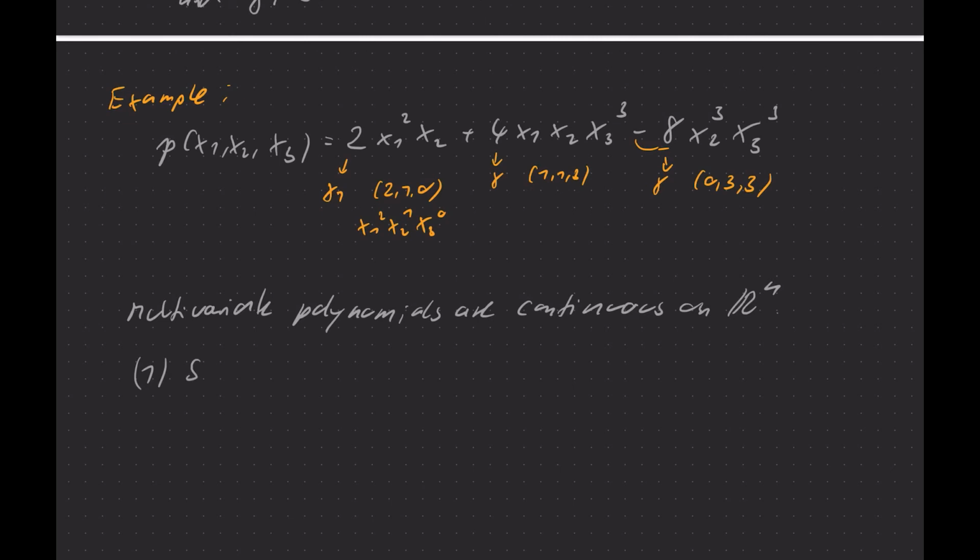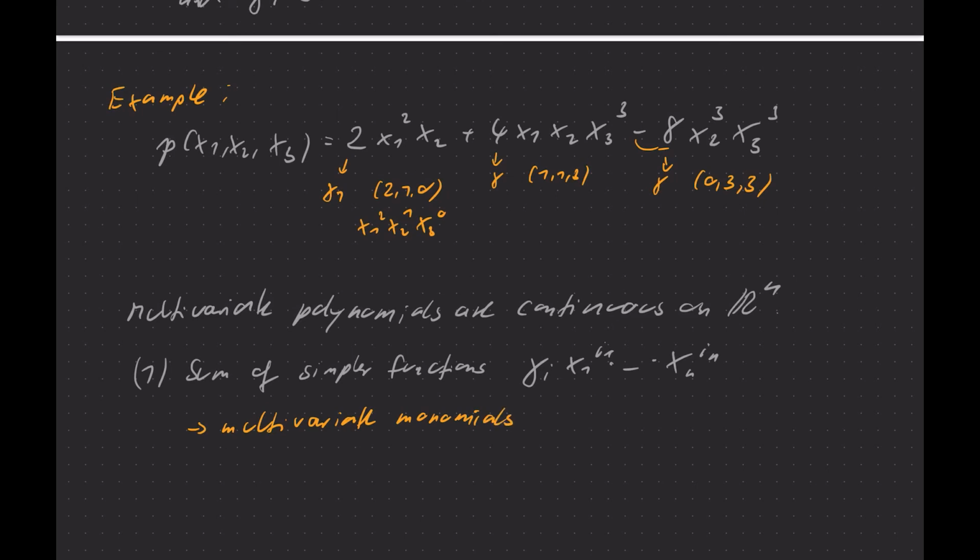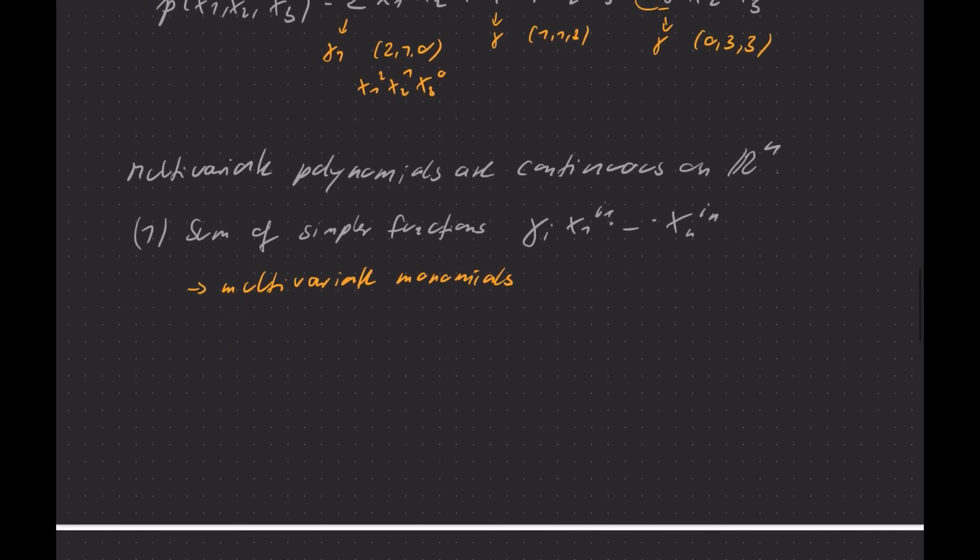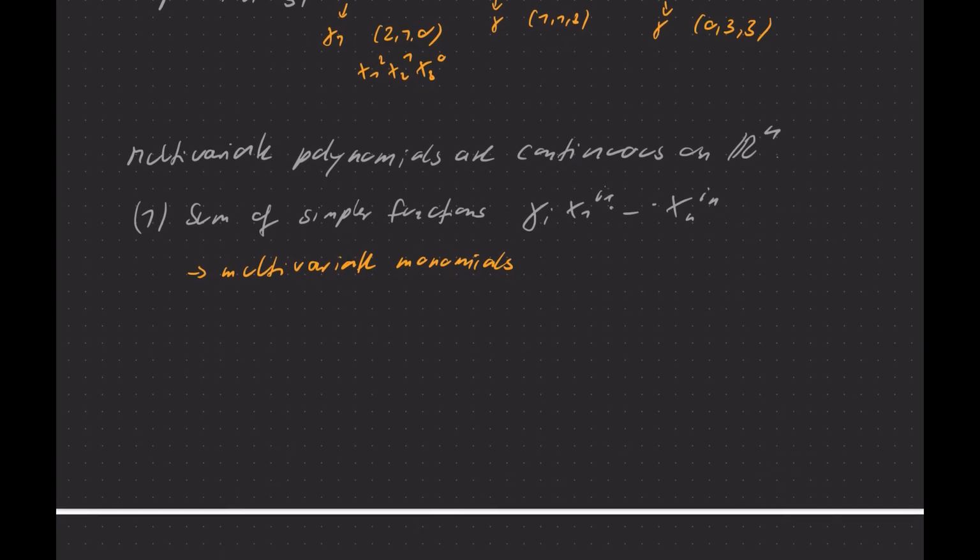Okay? A sum of simpler functions of the form gamma I, x1 to the I1 times and so on, xn to the In. Those are called multivariate monomials. And each such monomial is, again, a product of a constant and univariate monomials, very simple functions that we know already.